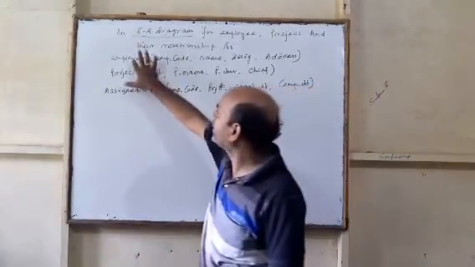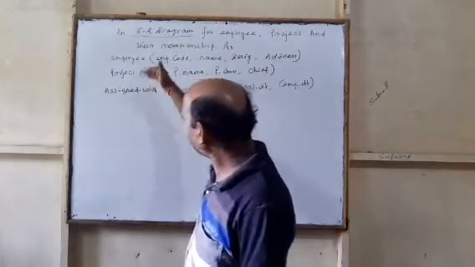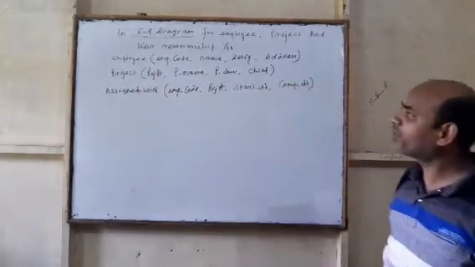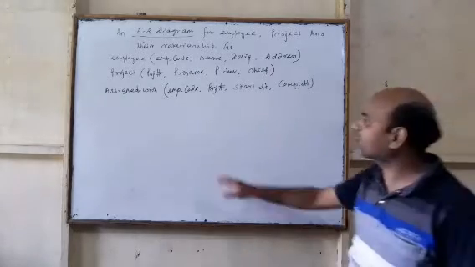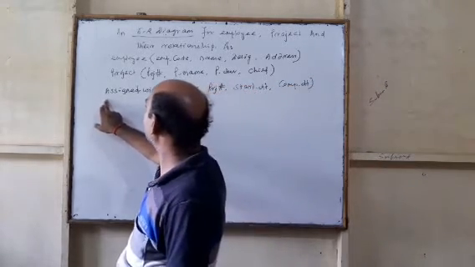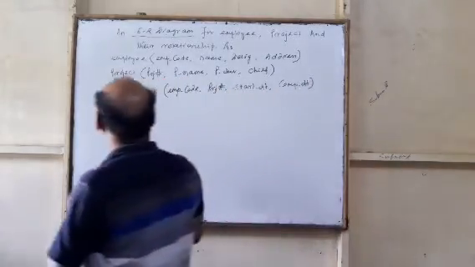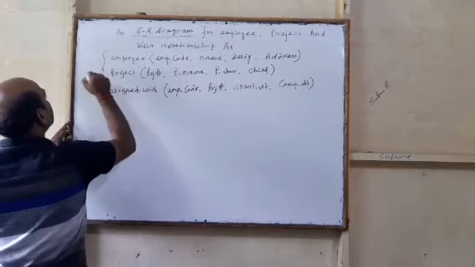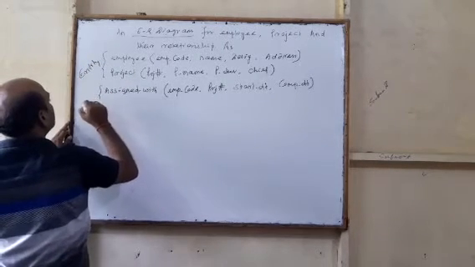So two entities are already described by their attributes. And how will they be related? Employee is assigned to the project, so the relation name is assigned. These two are the entities, and this is the relationship.